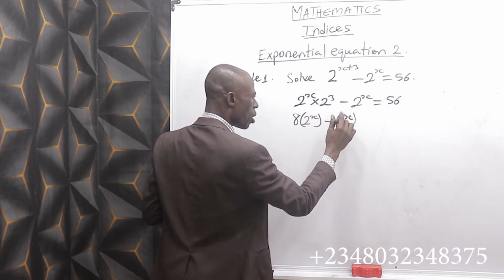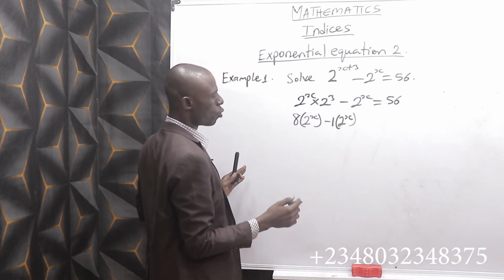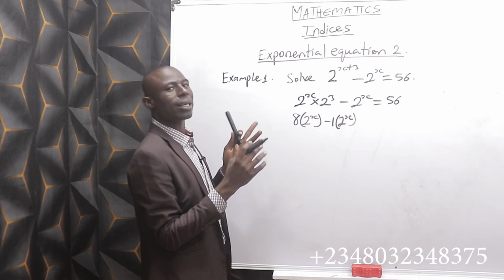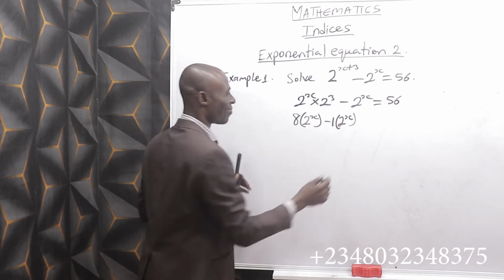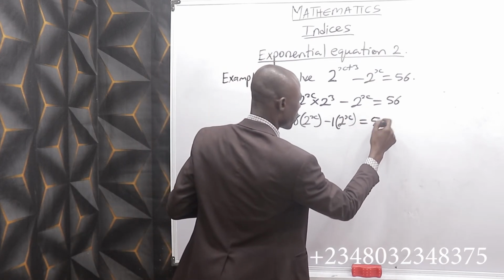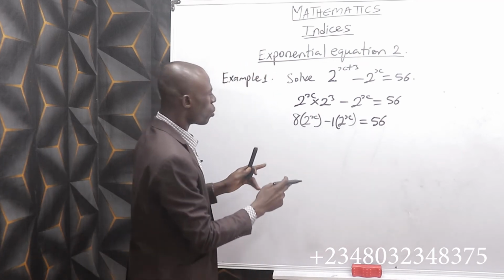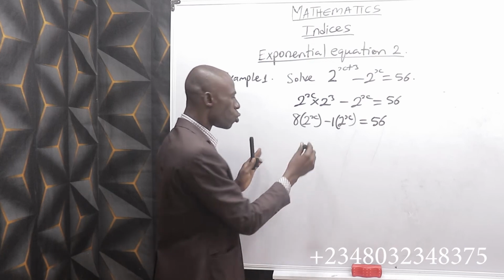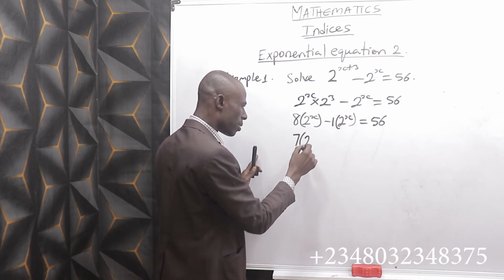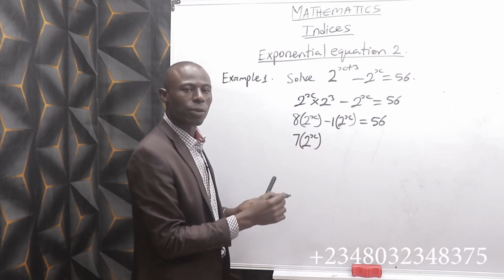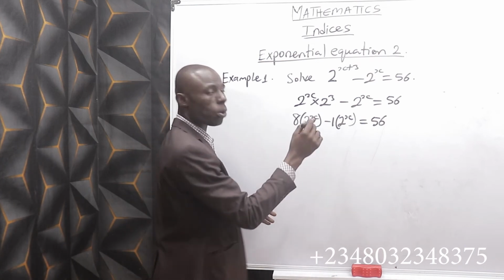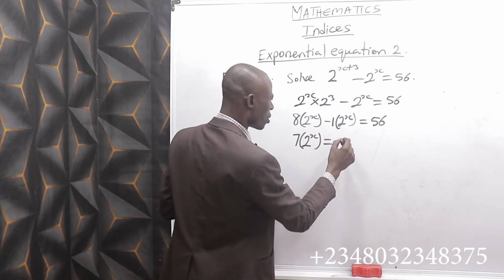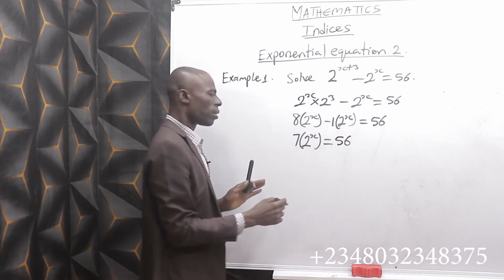That's another way of writing this to make it clearer to a layman. Equals 56. So, subtracting 1 of it from 8 of it, you have 7 of it, 7 of 2 raised to power x, which is equal to 56.